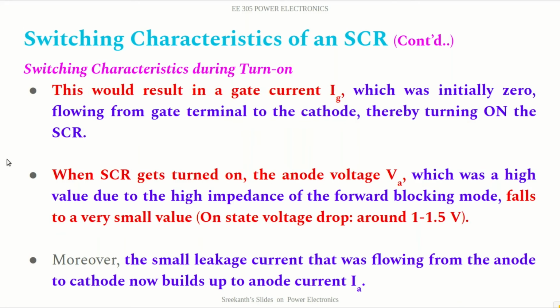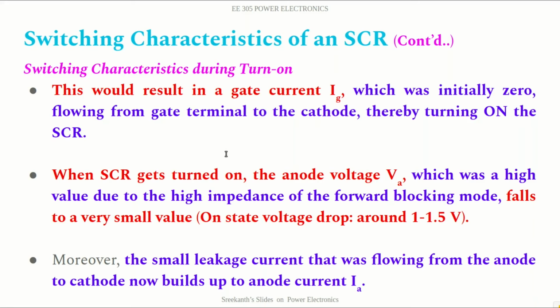Now this would result in a gate current Ig, which was initially 0 because the switch was not closed, flowing from gate terminal to the cathode, thereby turning on the SCR. When SCR gets turned on, the anode voltage VA, which was high due to high impedance of the forward blocking mode, falls to a very small value.